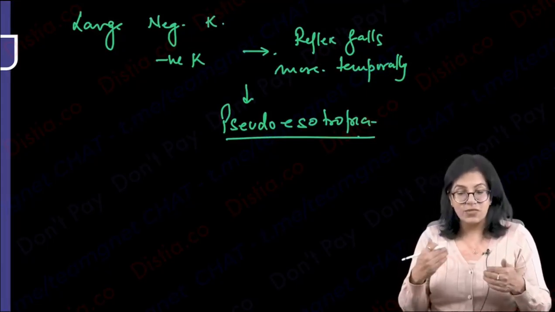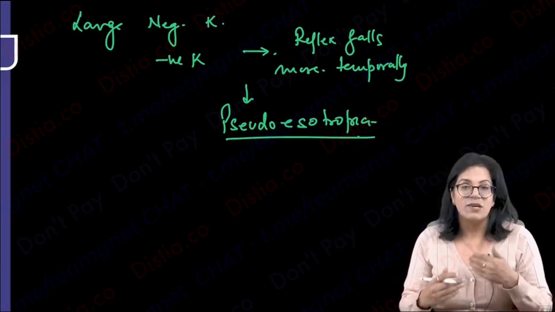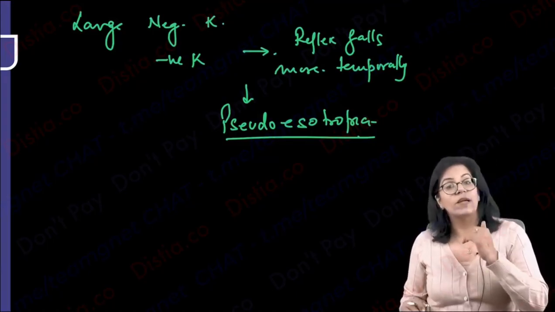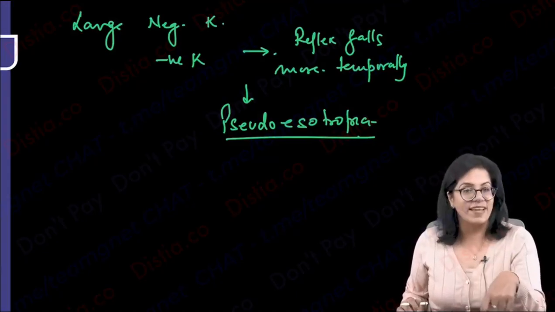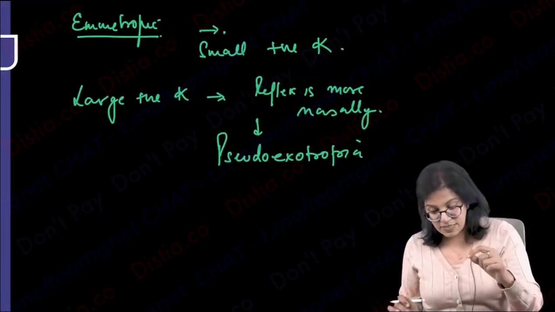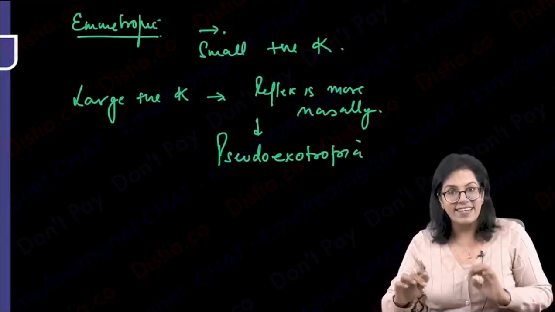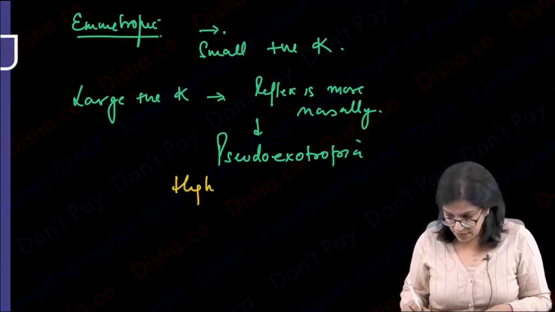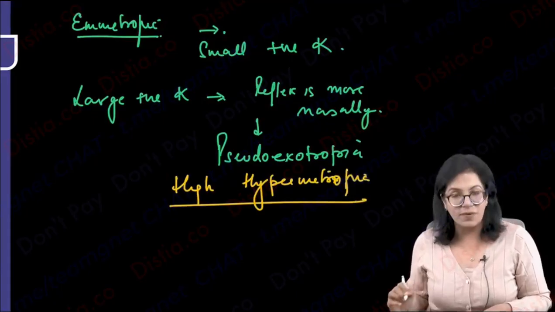So when you are listening to me for the first time, it may seem complicated, but it is not. Maybe you can listen 2-3 times to understand what I'm trying to put here. Or when you are going to solve the question around it, you will understand why I was talking like this. Now, when you say large positive angle kappa, here comes a point, it is seen in high hypermetropia. So, high hypermetropia can be a cause of pseudo squint, that is pseudo exotropia.